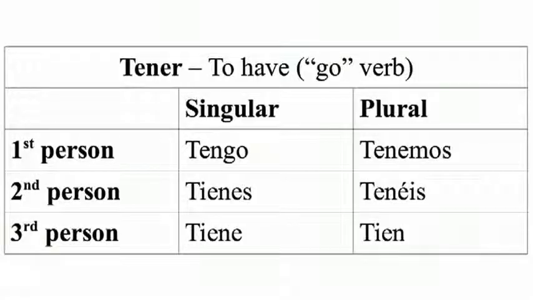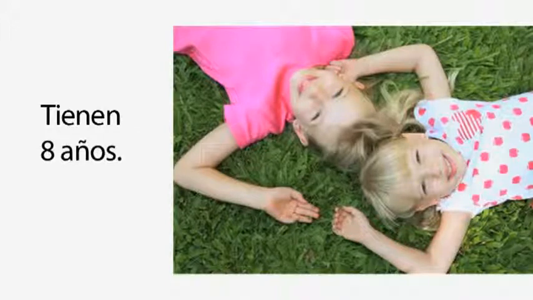And last, what's the ending for ellos, ellas, and ustedes? EN. Tienen 8 años. They are 8 years old. Tienen 8 años. ¡Qué bien!